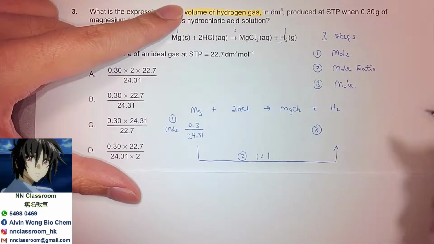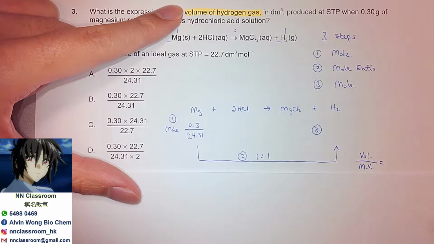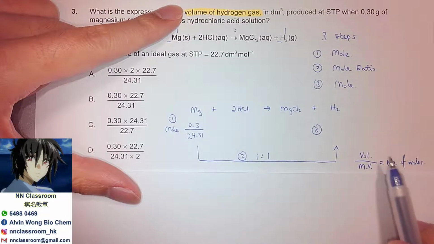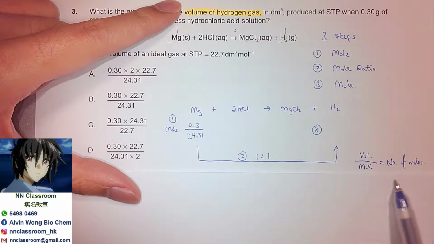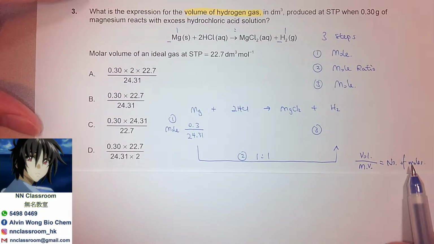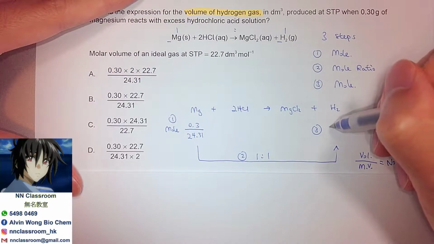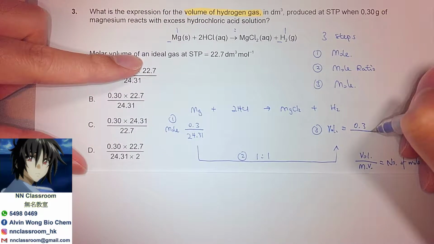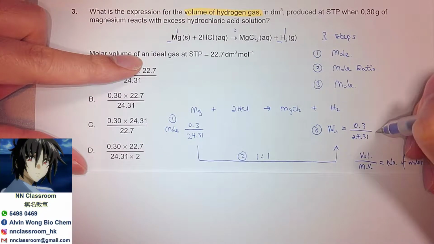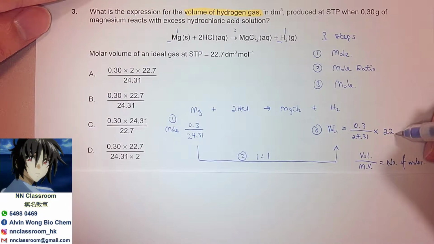But we have learned the relationship is that volume over the molar volume equals the number of moles, right? So if we want back the volume, we simply do the moles multiplied by the molar volume, which is given, 22.7. So finally we have the volume equals the moles 0.3 over 24.31, and then multiply back the molar volume, in this case 22.7.